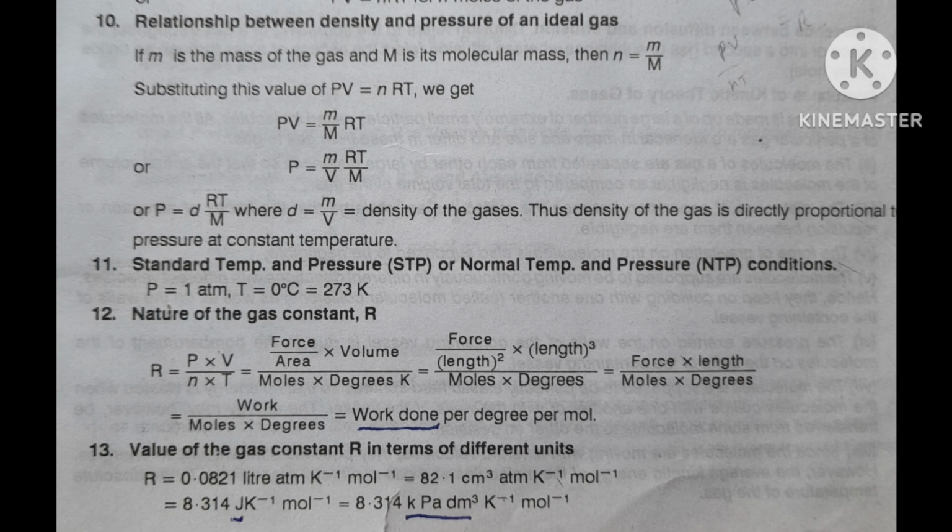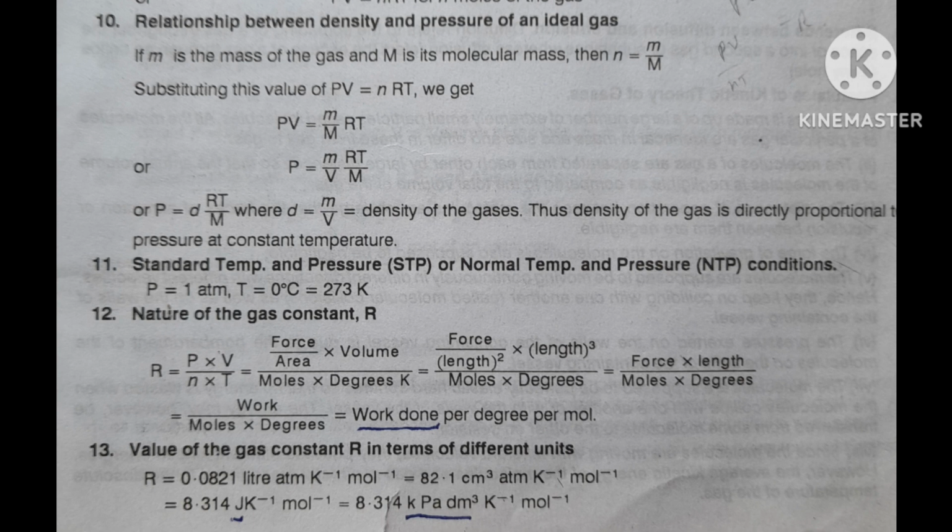Now I told you how many R values. First, 0.0821 liter atm per Kelvin per mole. Second, 82.1 centimeter cube atm per Kelvin per mole. Third, 8.314 joule per Kelvin per mole. Correct? And fourth, 8.314 kilopascal decimeter cube per Kelvin per mole.